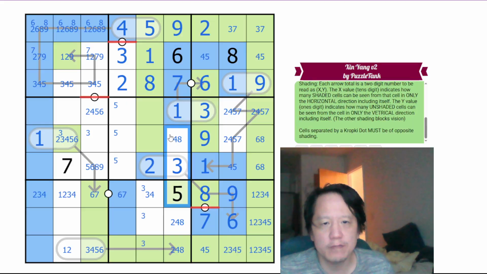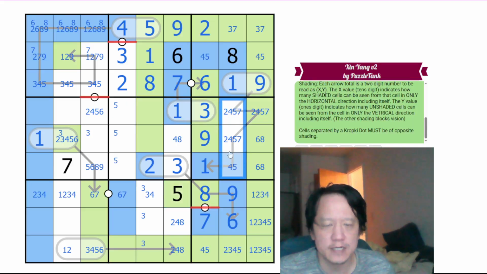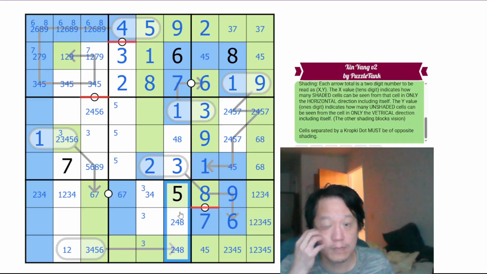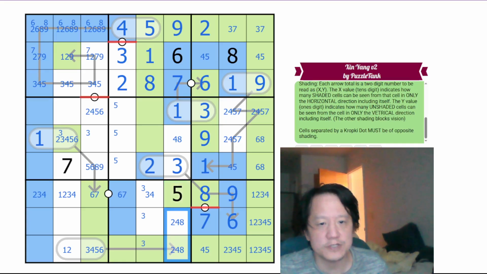We go that way. This connects that way. That seems fine. If we go that way... I guess that's fine too. One of these digits has to be a 2.